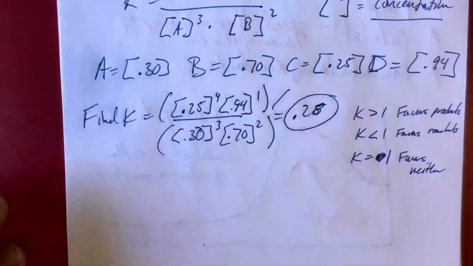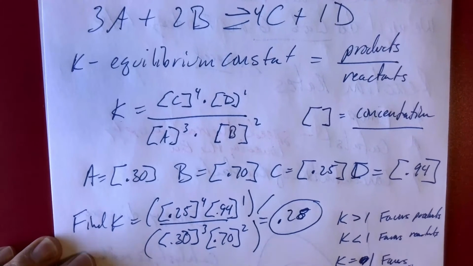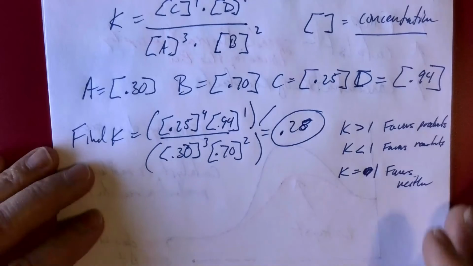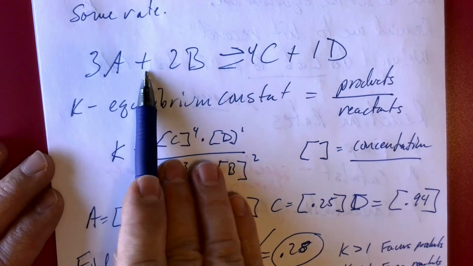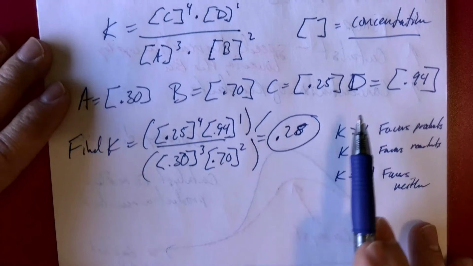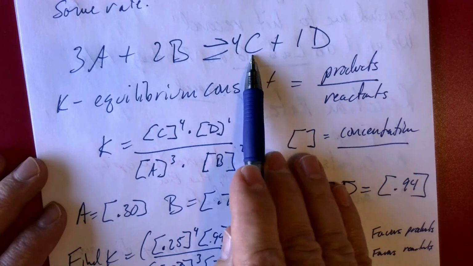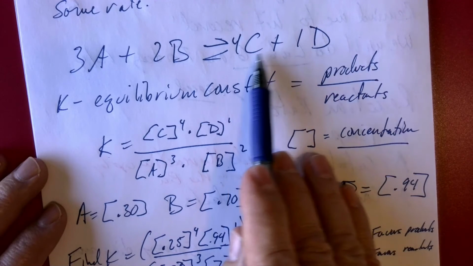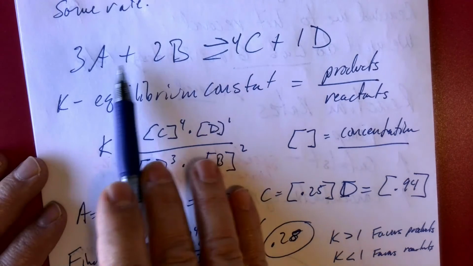And what that tells you is it tells you which side of this reaction this lies on. Okay, so what this means is that if I mix whatever A and B are, this K is kind of small, right? What that tells me is that am I going to get very much C and D? I'm not. Okay, it tells me that I'm going to be mostly A and B still.